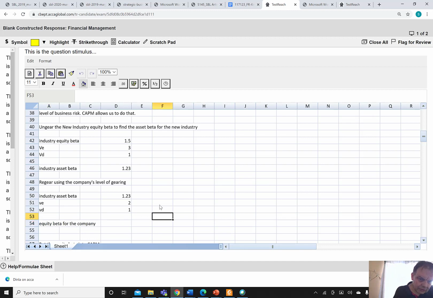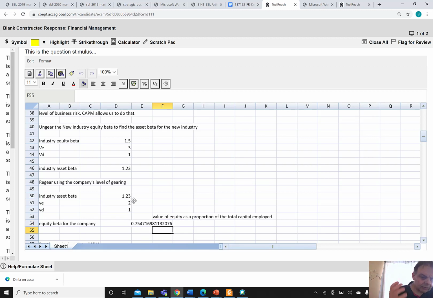So if you do this in stepping stones, then one of the stepping stones can be that you work out what the value of equity is as a proportion of the total. And here we know that we've got 2 divided by, open brackets, 2 plus 1 times 1 minus 0.35.